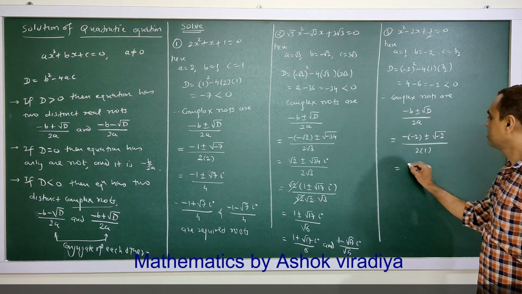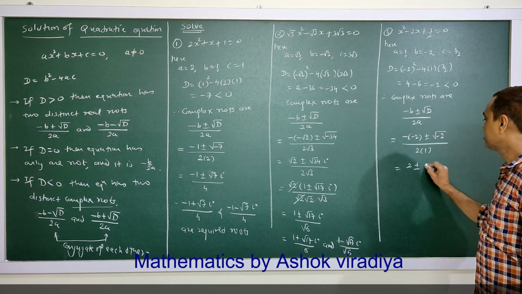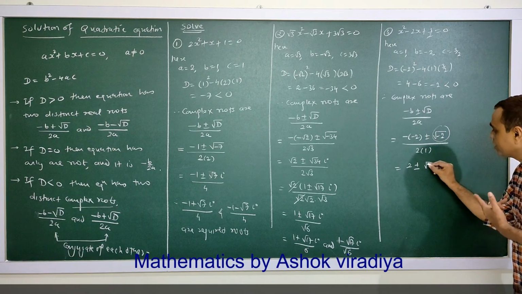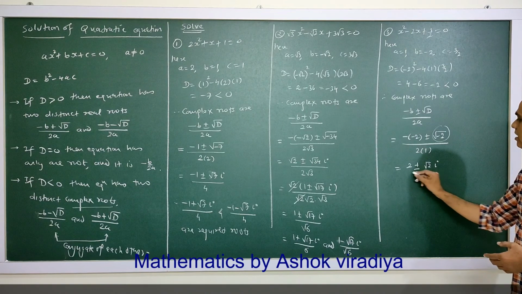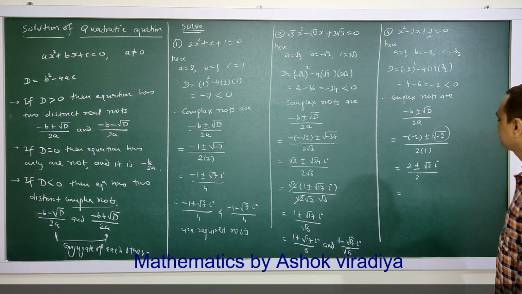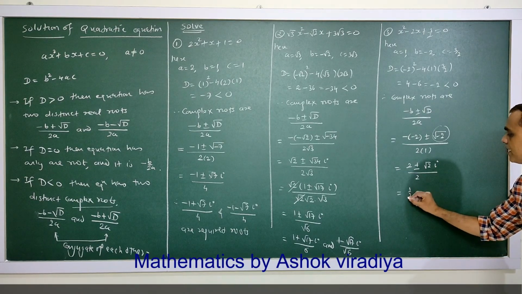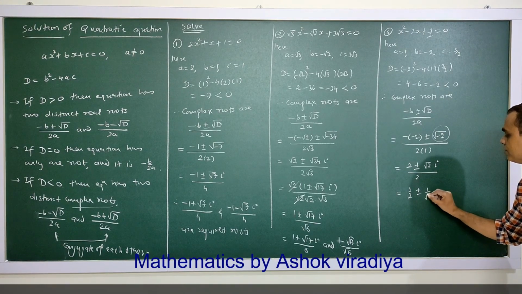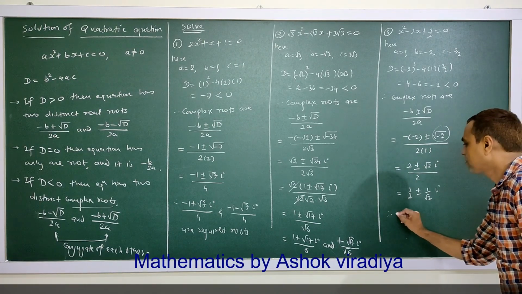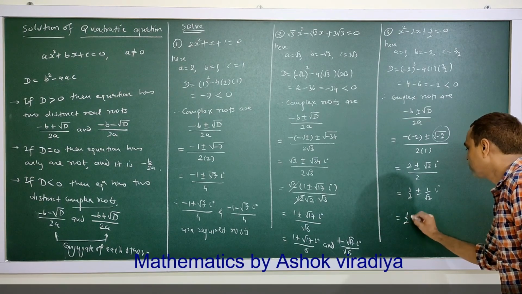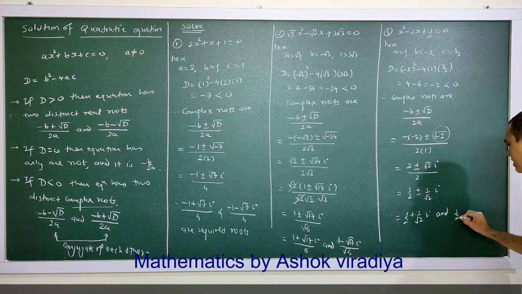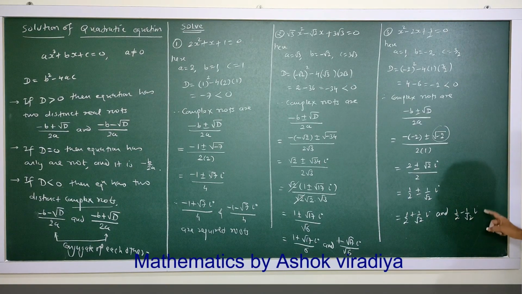So this is 2 plus or minus, square root of -2 is √2 i, upon 2. So this can be expressed as 1/2 ± (1/2)i. So therefore, it is equal to 1/2 + (1/2)i and 1/2 - (1/2)i. These are the required roots.